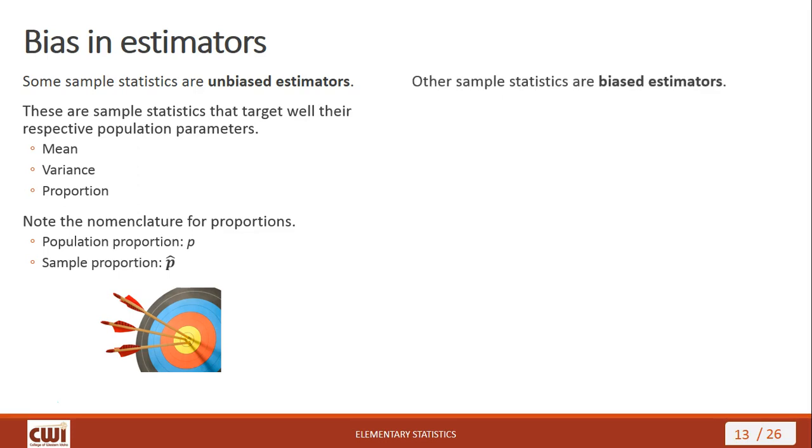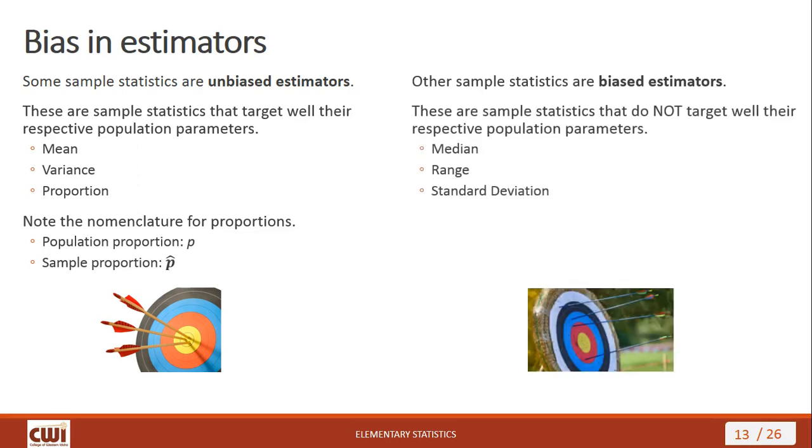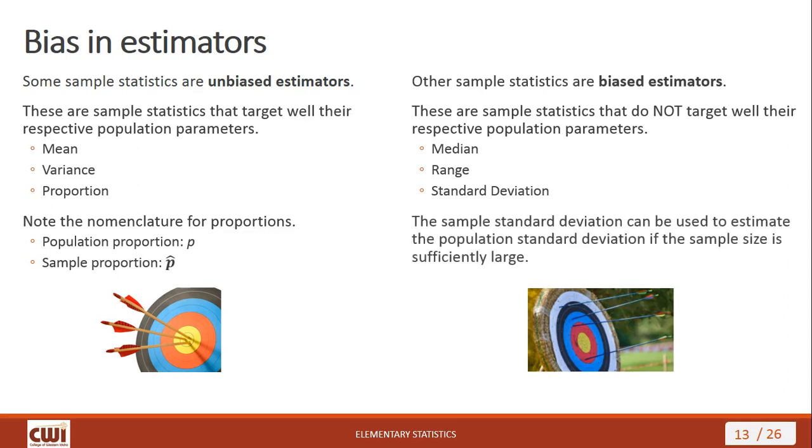Now, other sample statistics are what we call biased estimators because they do not target well their respective population parameters. These include the median, the range, and the standard deviation. These sample statistics do not target well their respective population parameters. Note that we can use, however, the sample standard deviation to estimate the population standard deviation if we have a sufficiently large sample size.